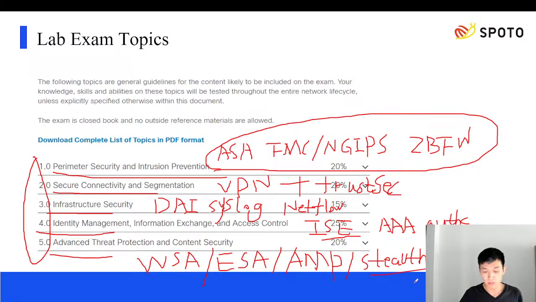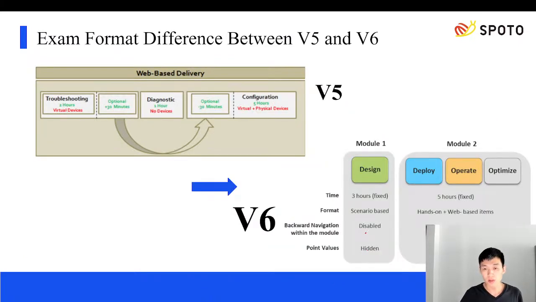All right. And same as the written exam, you can also check the content details for each domain on Cisco Learning Network and download the PDF file. The lab exam format has been changed as well.